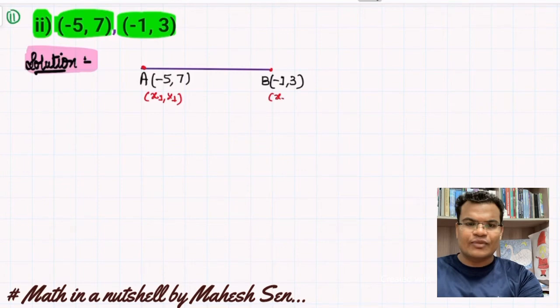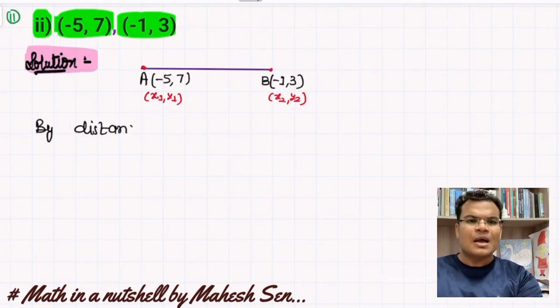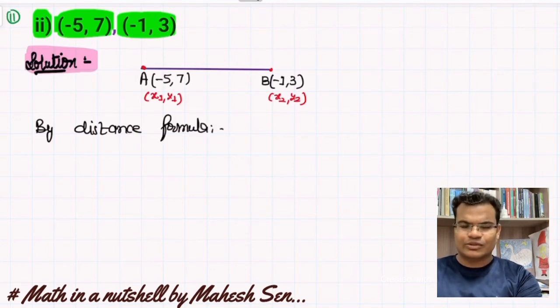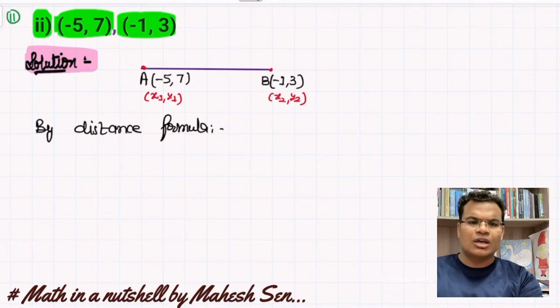Again we'll write x1, y1, x2, y2, and then use the distance formula. You all know how to write it, but I request you to write it down once again and then put in the values from the coordinates.